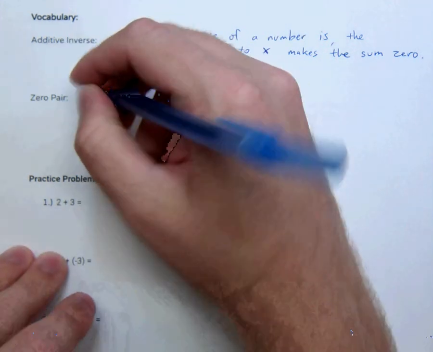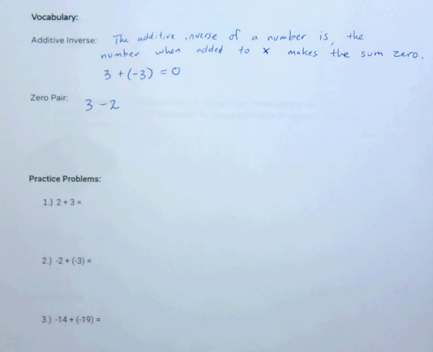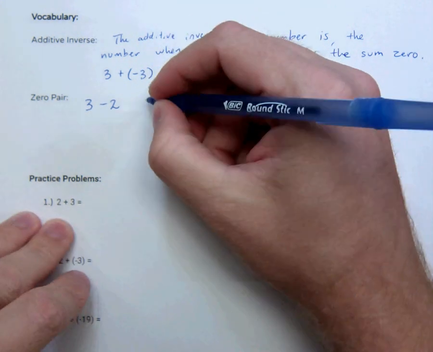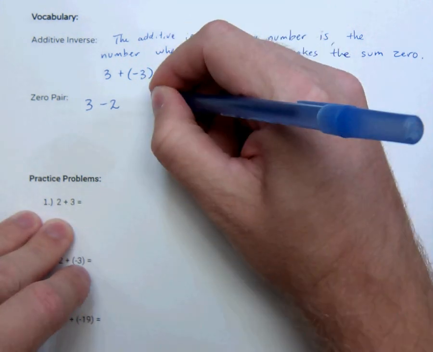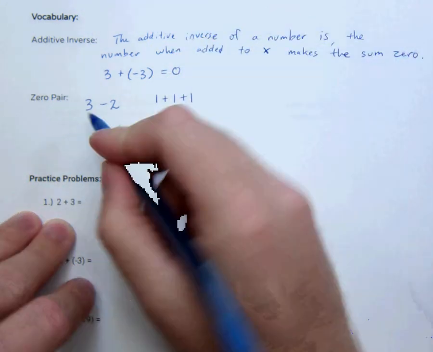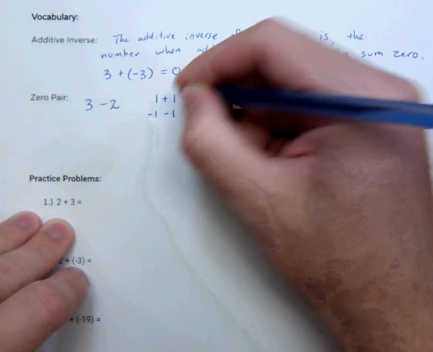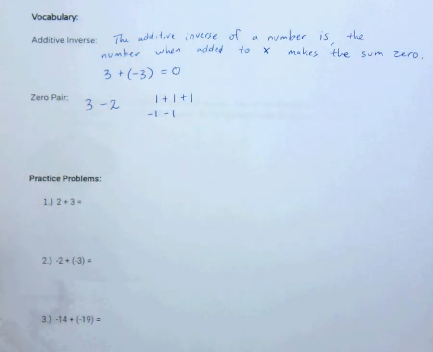So imagine you had 3 minus 2. Okay? So zero pair would say this is like 1 plus 1 plus 1, that's 3. And then negative 1, negative 1, that's minus 2.